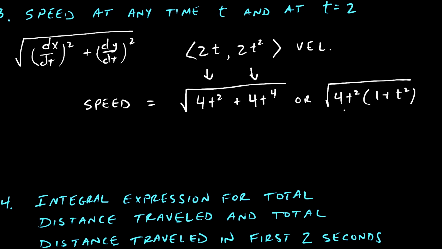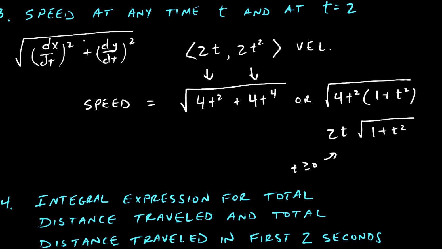And then if we square root 4t squared, we're left with 2t. Now, we might need the absolute value for t, but since t is always greater than or equal to 0, we don't have to worry about absolute value. And then we're left with 1 plus t squared in the radical. So that would be the simplified version.